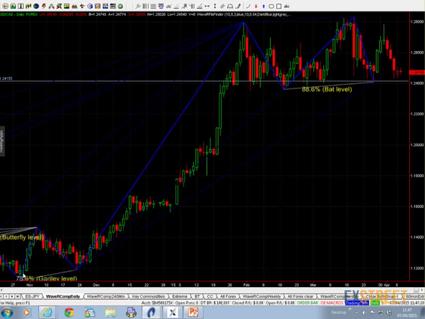Notice that this move kicked off from a Gartley level right the way down here at the bottom, and that moved up many, many multiples of the extent of that previous pattern. Could the same thing happen now on the downside? That's the question that I shall leave you with this morning.